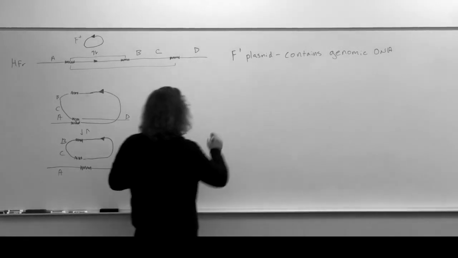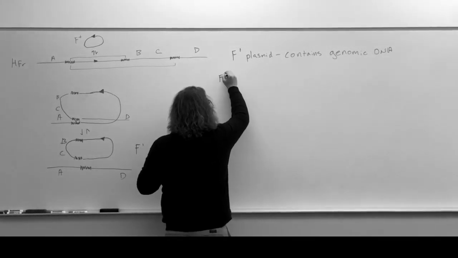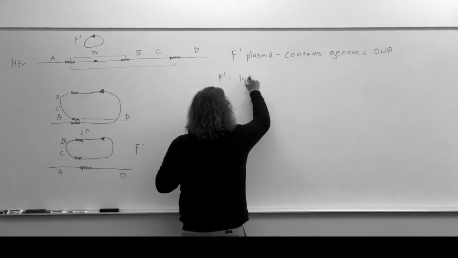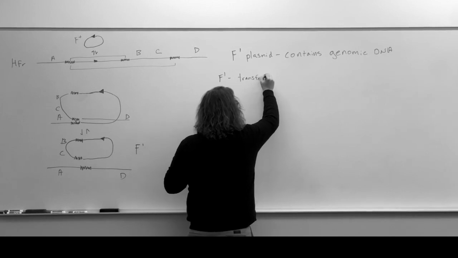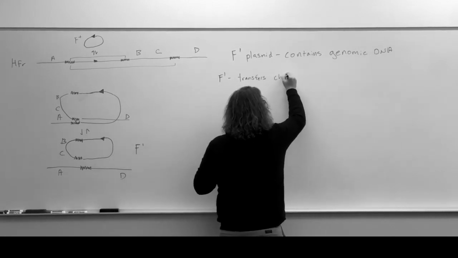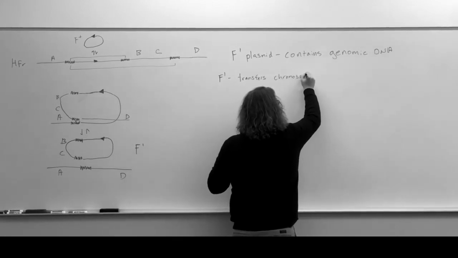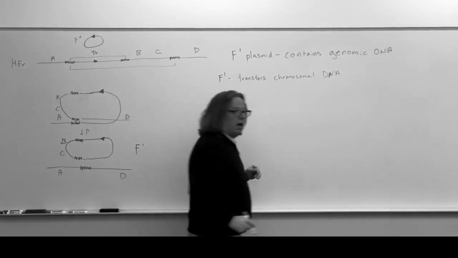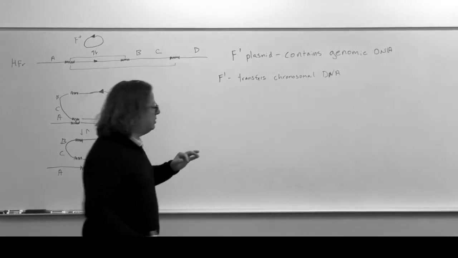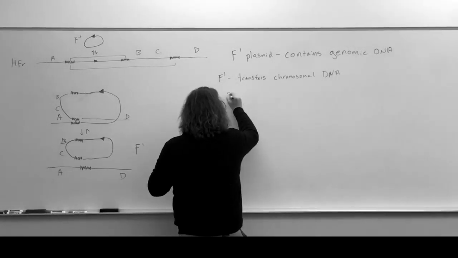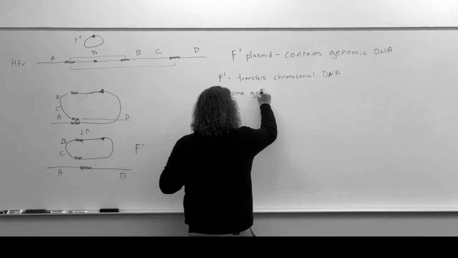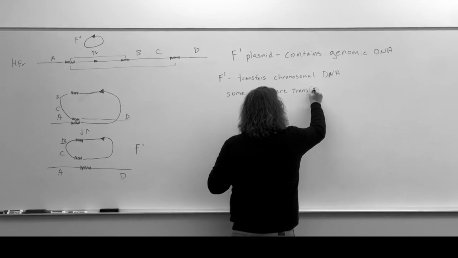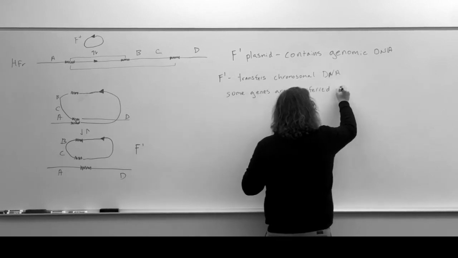So an F prime strain transfers chromosomal DNA, but a little bit differently than the HFR strain, because some genes are transferred quickly.